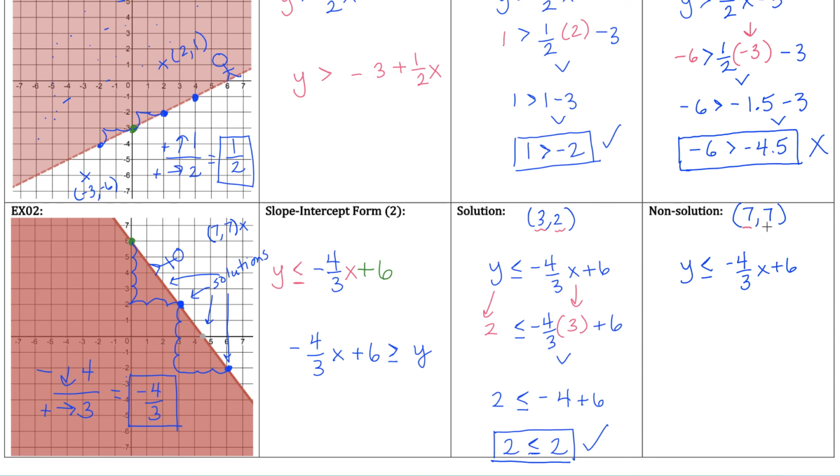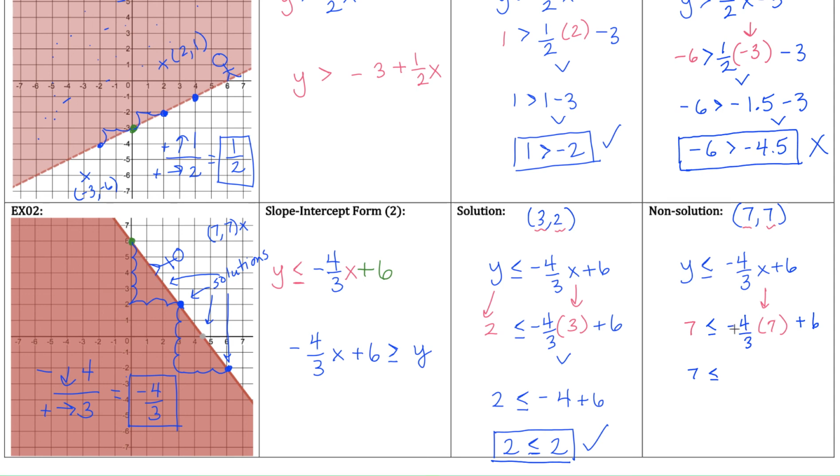And then 7, 7. So 7 is less than or equal to negative 4 over 3 times 7 plus 6.